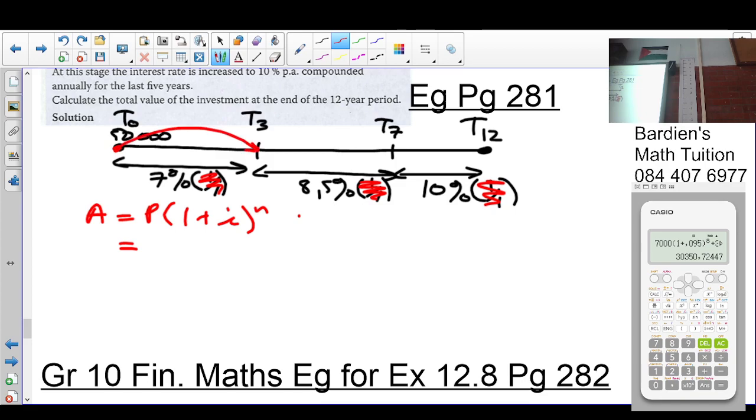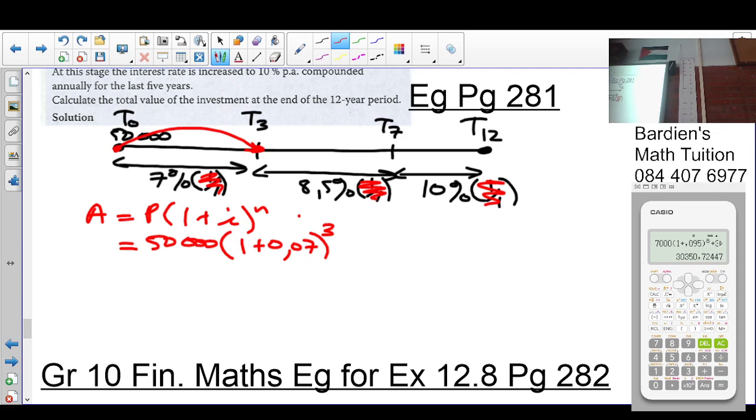Can it pull an interest for 3 years? So what do I write? 50,000 into 1 plus 0.07 to the exponent 3. Now what happens is, people, if I work that out, then that is actually the principal at that point. Can you see that, people?